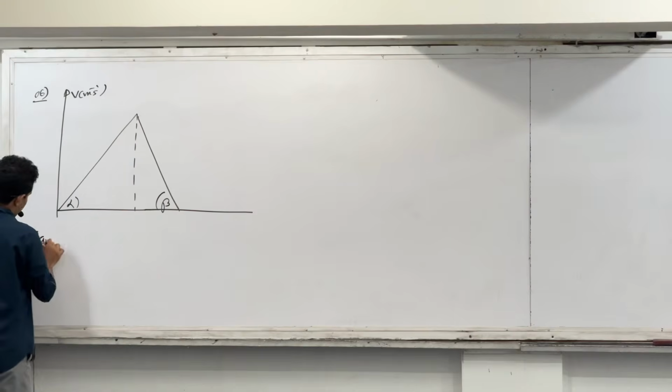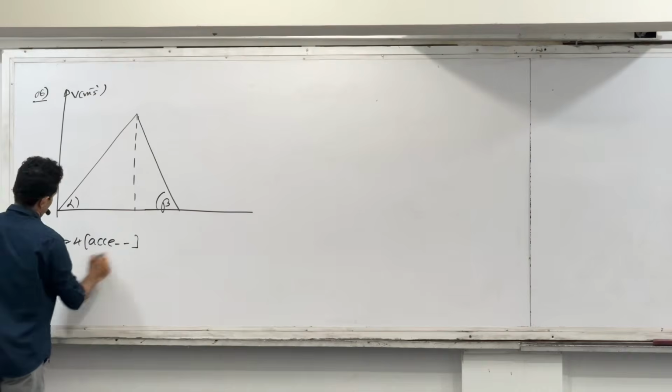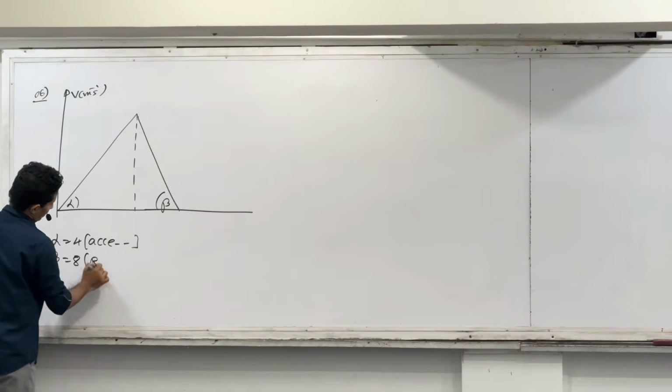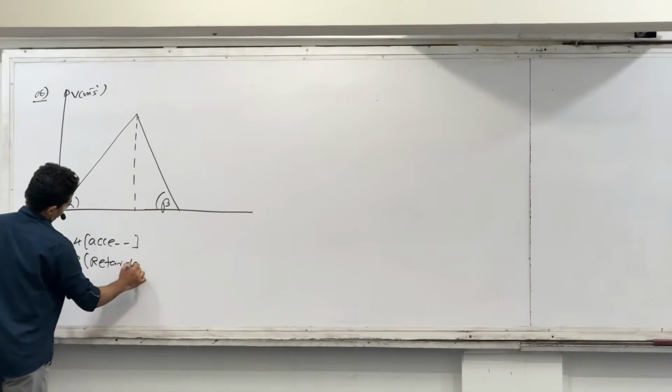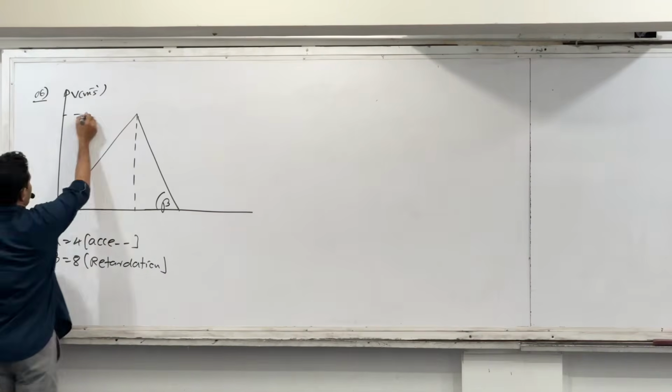Tan alpha is 4, the acceleration, and tan beta equals 8, the retardation. Since the retardation is 2 times the acceleration, the time taken for the retardation should be half of the time taken for the acceleration.